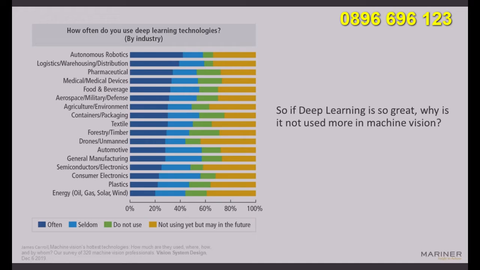OK, great. So let me hop to the survey here. Let's see. OK, so it was sent out. Oh, yeah, great. OK, and I'm going to send the results back to the audience. So if you look at the slide, these are the results from the survey back in December that Vision System Design conducted. In your survey, I think it lines up pretty well. So around half of the audience is not using today but may use in the future.